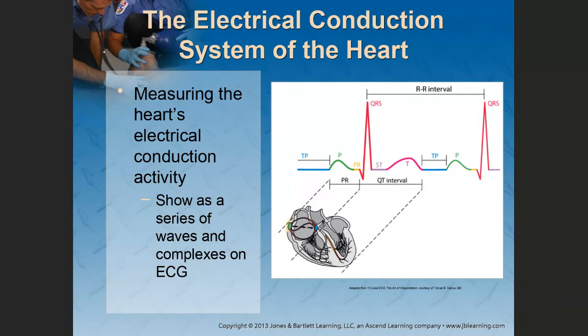So the T wave represents ventricular repolarization or ventricular recharge. Note that when the ventricles are recharging, it doesn't completely lose its electrical activity, right? So those are some of the key waveforms so far.